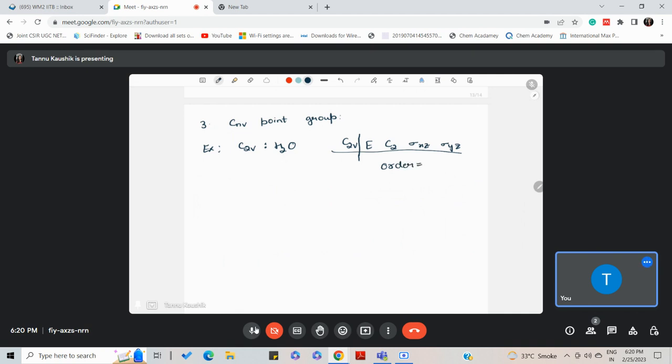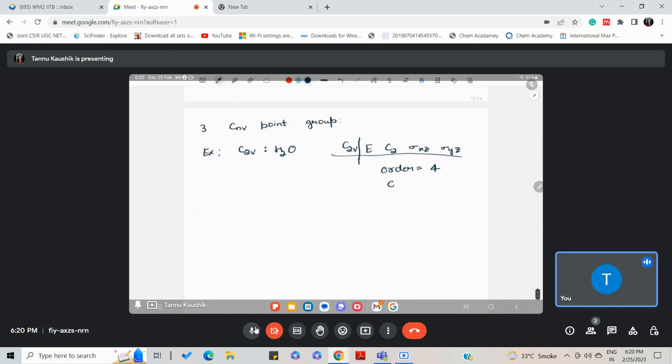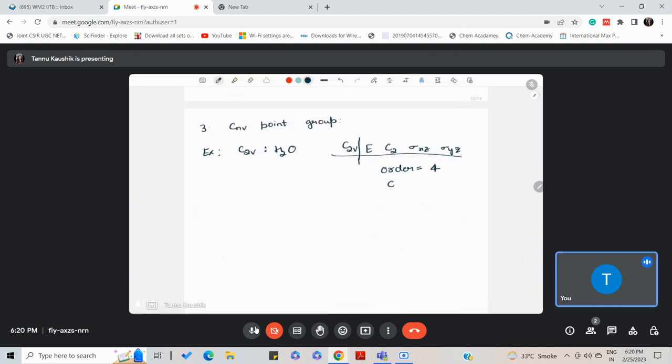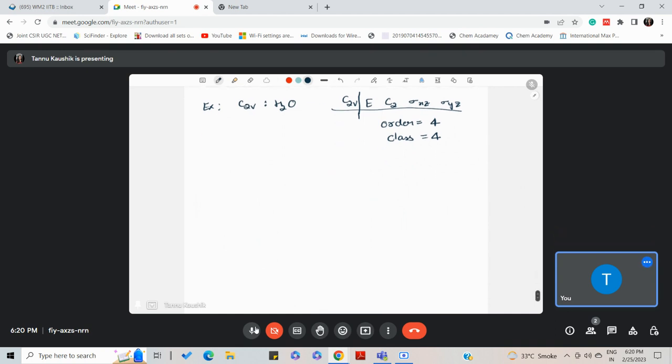So here the order is 4 and class will also be 4 because it is also an abelian group, right? And you can check all the properties: closure, inverse, identity, associative, and for abelian groups, the commutative law also. You can check whether all of these point groups follow these properties of a group or not.